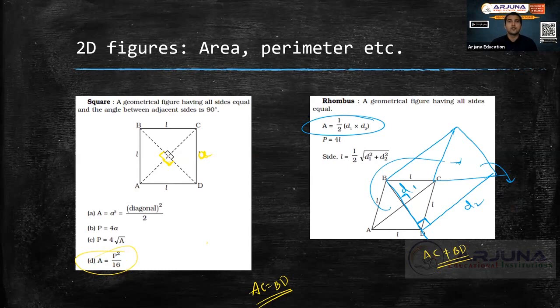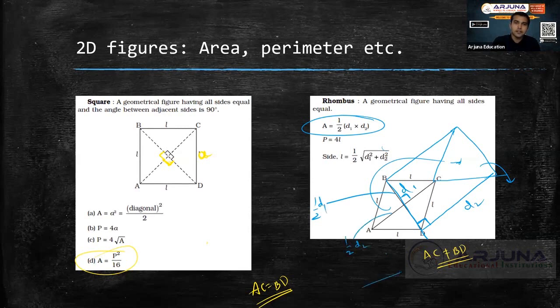That is 4 times the length, and you can do all those calculations. How do you find the length? If you know the diagonals, that also you can do, because you can apply the Pythagoras theorem. This is half of d1, and this is half of d2.